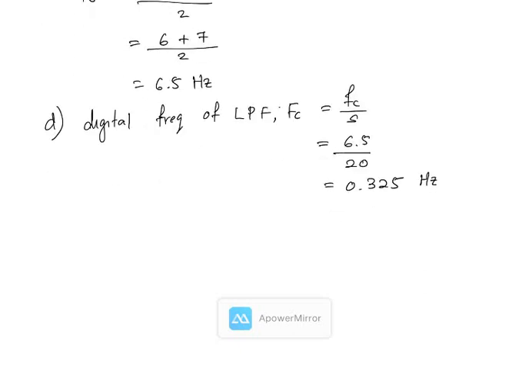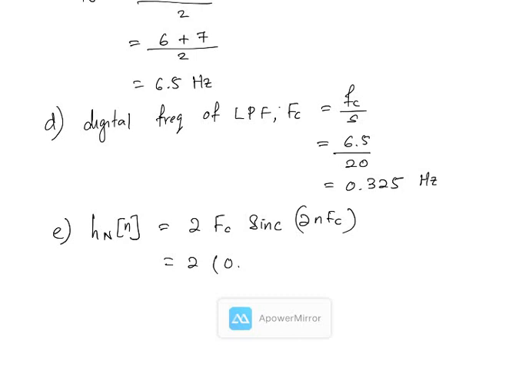Okay. And next question, we want to find the h[n]. h[n], you still remember the formula, that is 2Fc sin(2π n Fc) over (π n). So 2Fc is 0.65, sin of 2 times π times n times 0.325.